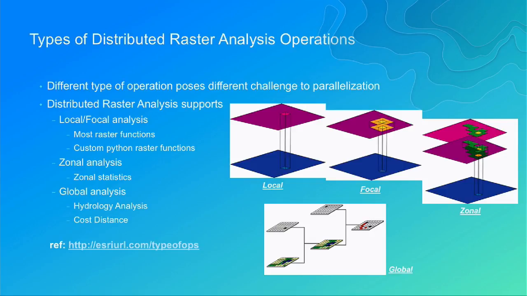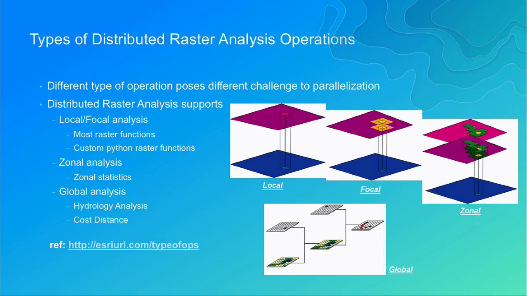There's local and focal analysis. What that means is basically you can split your imagery into different small units, and between these units there's no correlation, or there's limited correlation. It's just that 1 or 2 padding pixels you need for this analysis. So for this kind of analysis, the parallelization algorithm is relatively simple, right?